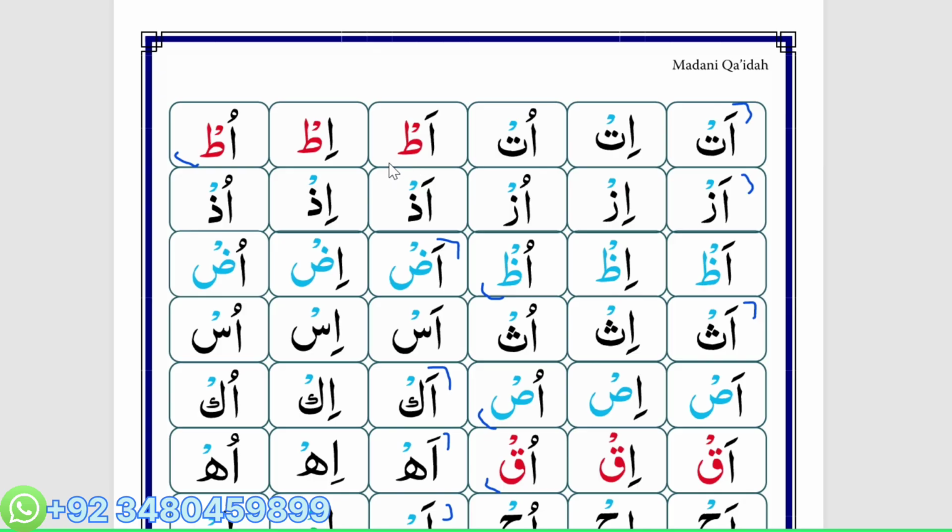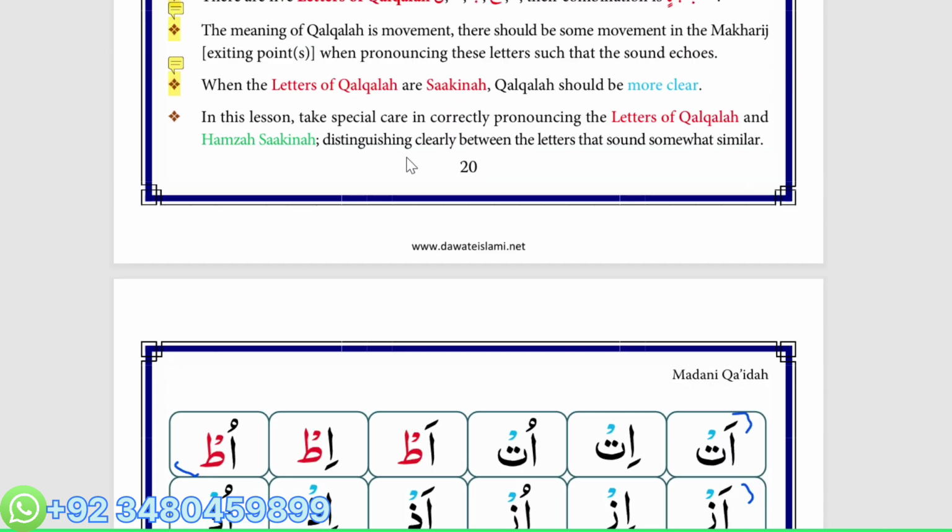So in this lesson, you need to pronounce kalkala letters more clearly. Okay, like this is pa. So you will pronounce it like hamza, pa, zabar, apo. This is actually apo. This repeating sound or echo is actually called kalkala. Okay, this repeating sound, or you can say this echo at the end, is called qalqala.